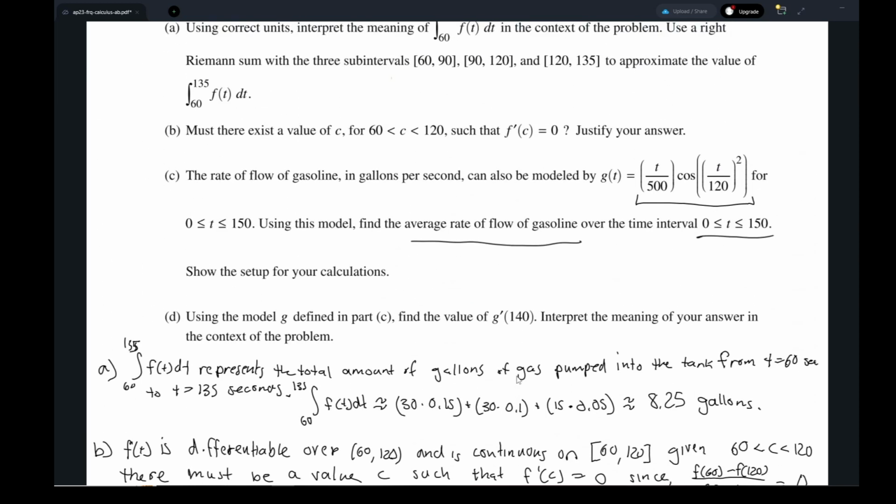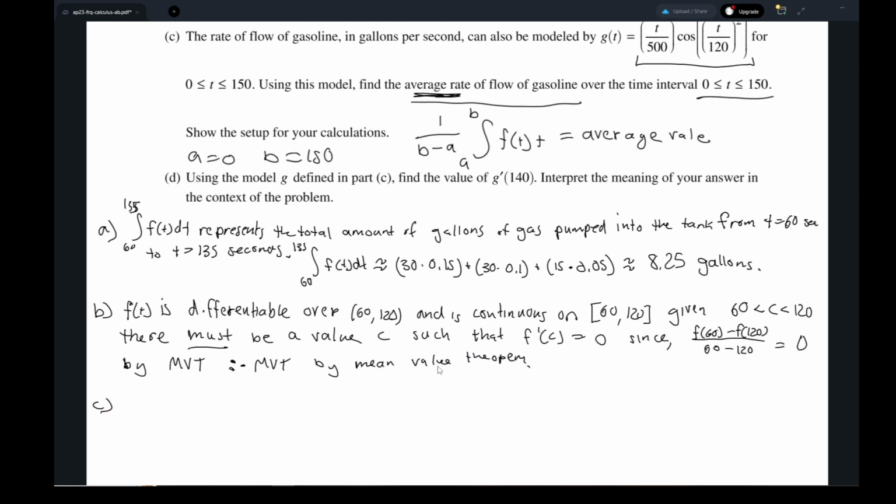So when we're talking about the average rate of a function, or the average of a function, really it's asking us to find the integral from a to b of that function, in this case f of t. And then it's going to ask us to multiply that integral by 1 over b minus a. And it's going to give us the average value. Here it's asking us for the average rate of flow, aka the average value of this function. So all we're really going to have to do is set our bounds. Here it says from 0 to 150, so I know that my a is going to equal 0, my b is going to equal 150.